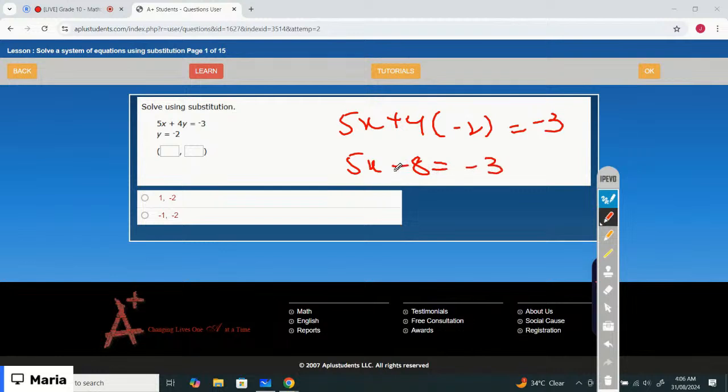So move 8 to the other side, that would be 5x equals negative 3 plus 8. So 8 minus 3 is 5. So divide both sides by 5, you are left with x equals 1. You already have the value of y, right? So the solution is 1 and negative 2. Option number 1 is the correct option, right?